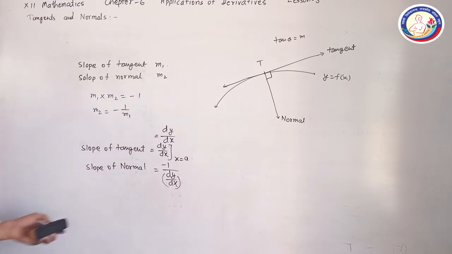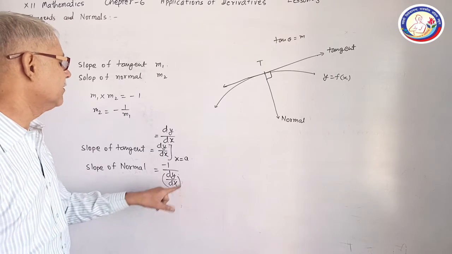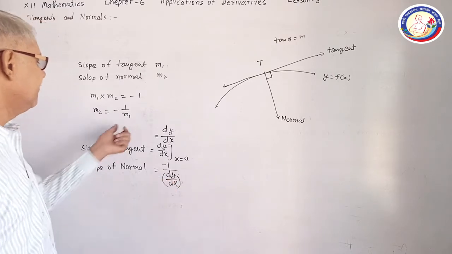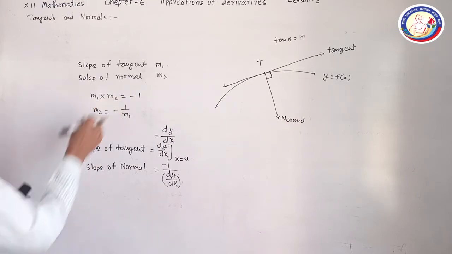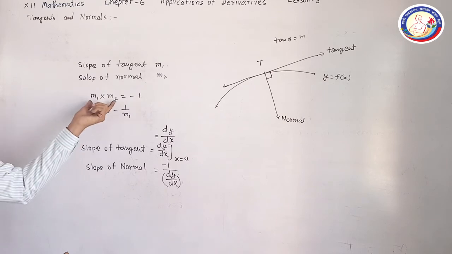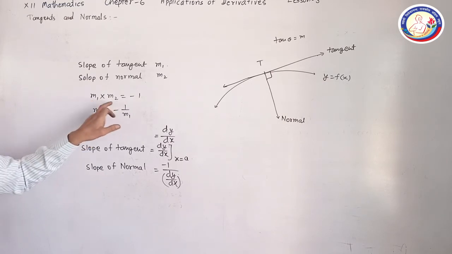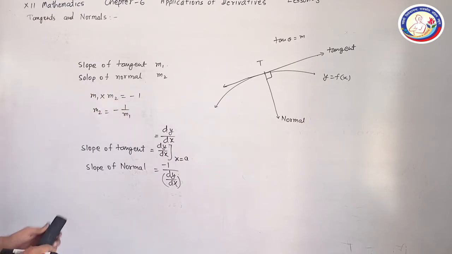So using this formula we can find the slope of normal. If the slope of normal is given, then we can find the slope of tangent also by this formula, because two lines which are mutually perpendicular, their product of slopes is -1 always.